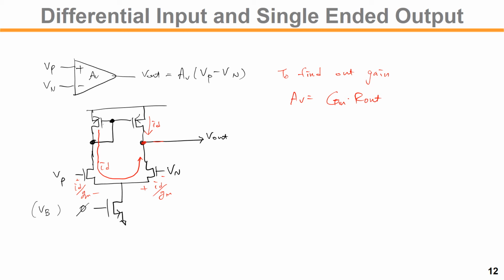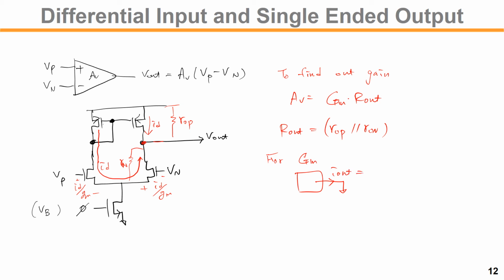For simplicity, R out would be what? Would be here ROP and RON, in parallel. And for big GM, we take the output to ground and see how much current comes out.